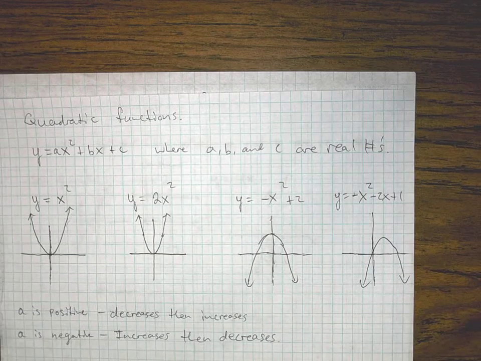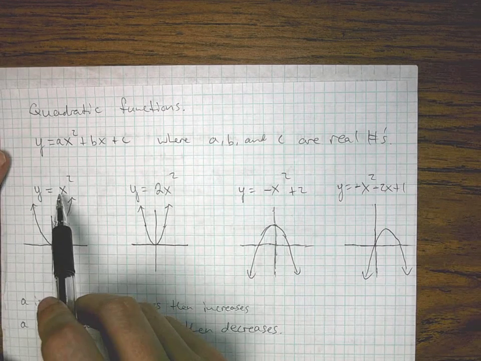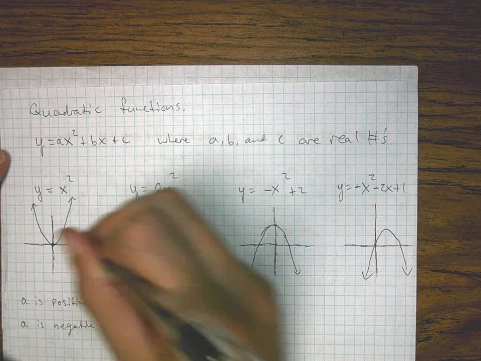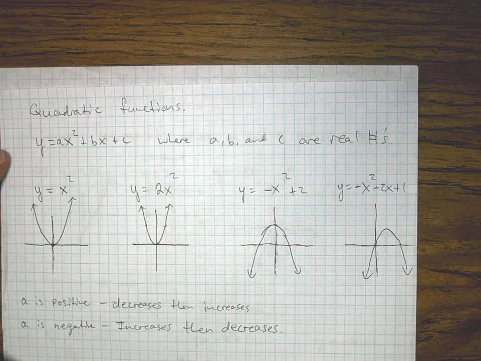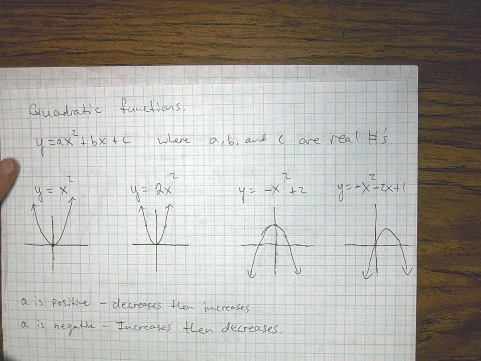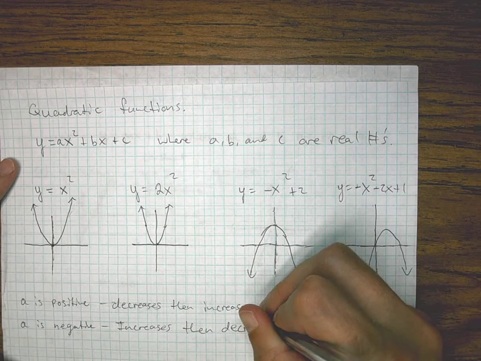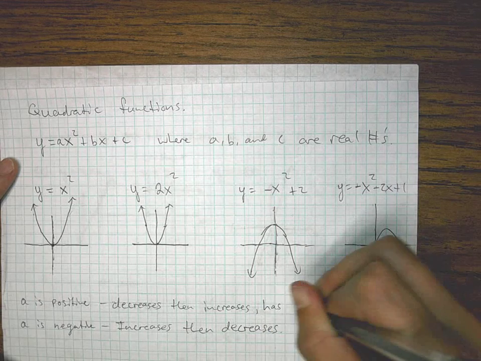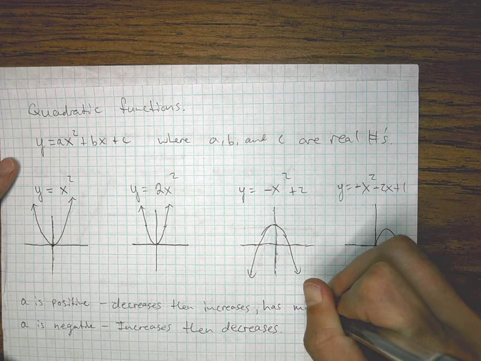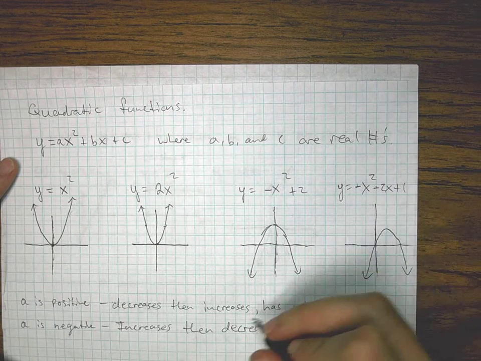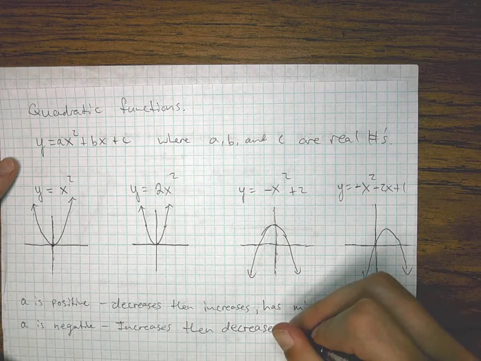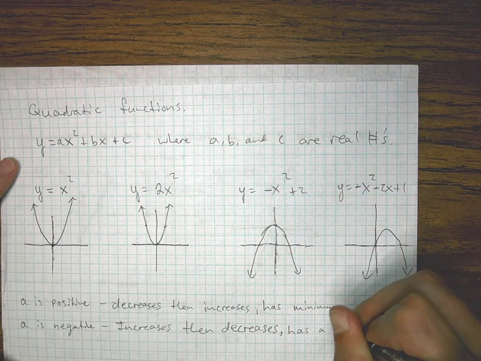Another thing we got to talk about. When a is positive, it had these points here that were called minimum values. So if a is positive, it has a minimum. And if a is negative, it has a maximum.